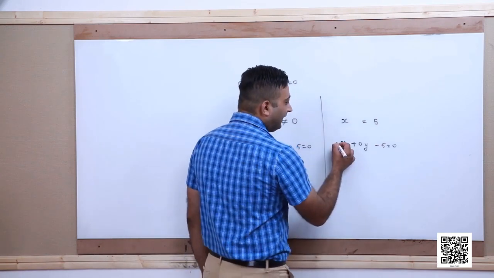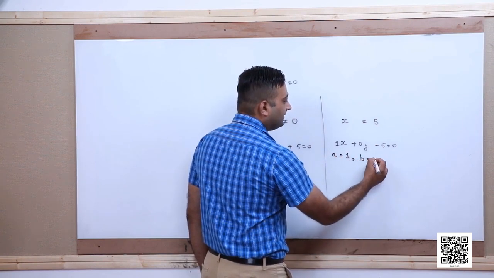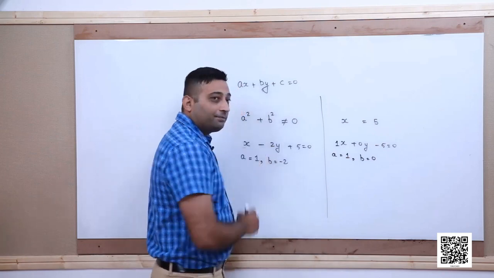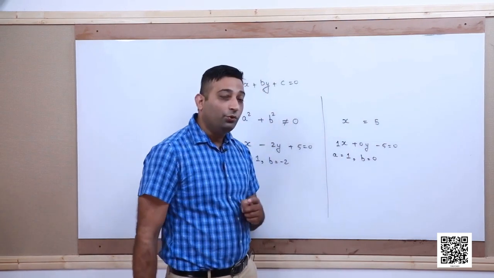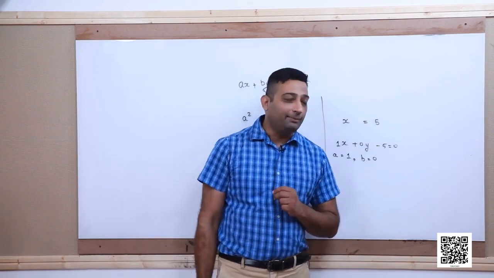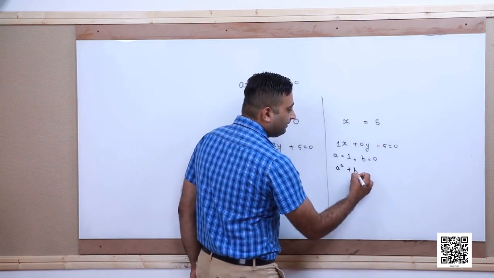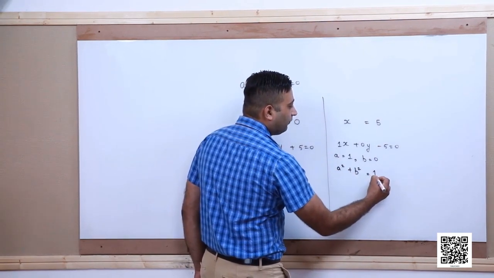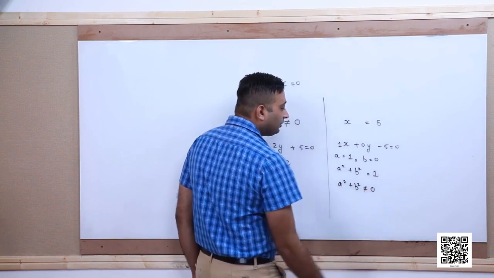And again we can see that by comparing it with the standard form, a is equal to 1 and b is equal to 0. If in case both a and b are 0, then this will not represent the equation in two variables. But in this case, a square plus b square is equal to 1. That means a square plus b square is not equal to 0.